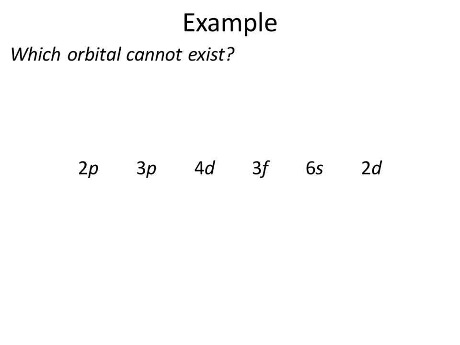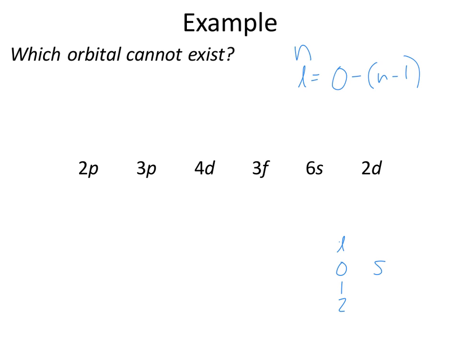So in this case, which orbital cannot exist? Again, we have to look at the relationship between n and L. For any n value, our L's are going to be equal to 0 to n minus 1. Before we start, remember that our L values are 0, 1, 2.